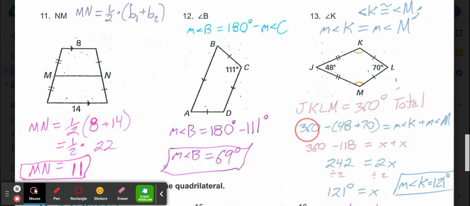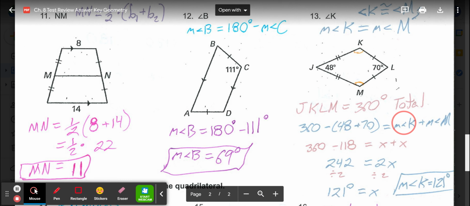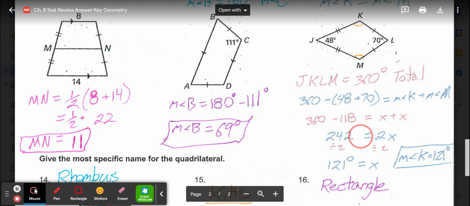So if I do 360 minus angle J and L, I'm left with the measure of angle K plus the measure of angle M. Because K and M are the same, I'm just going to label them both X. So 360 minus the 118 equals X plus X. So 242 equals 2X. Divide by 2, and X would equal 121. So we know the measure of angle K is 121 degrees.